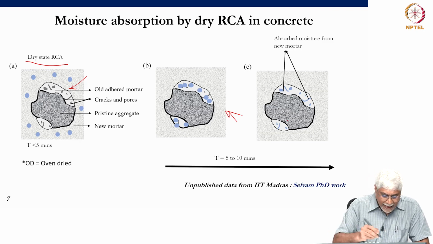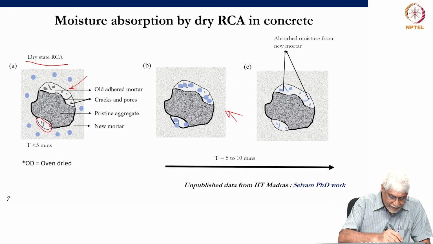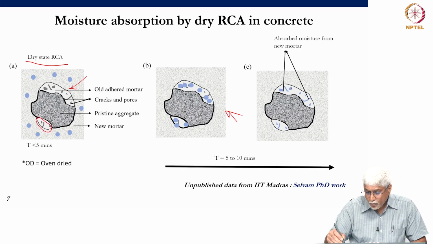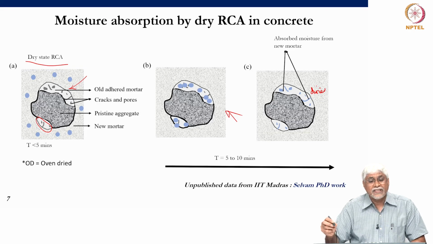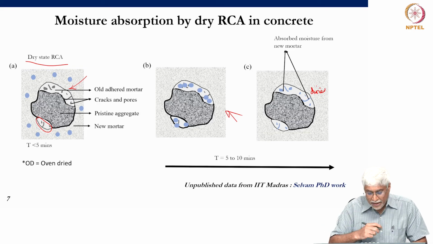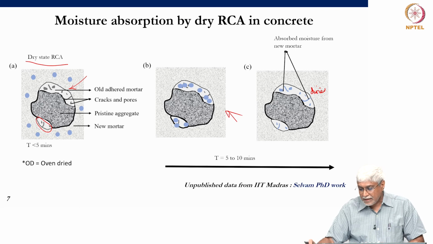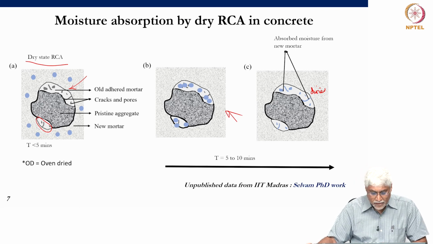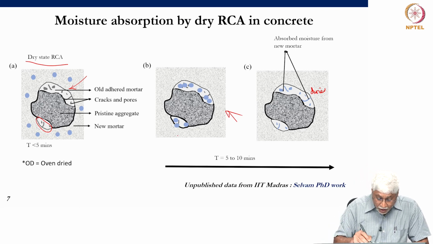So here the adhered mortar is what is shown in lighter color. So the pores of the adhered mortar, cracks in the adhered mortar get filled with water. Okay. But now this water, if it is removed from the interface, so the interface becomes drier and therefore the bonding is not very good and therefore the strength can decrease. Yeah. So that is why we would maybe want to start off with aggregates in this condition. So this is better.